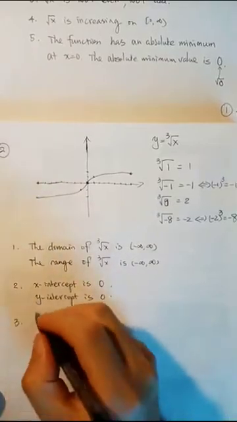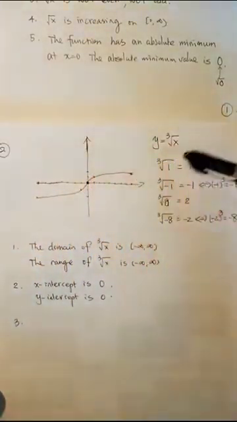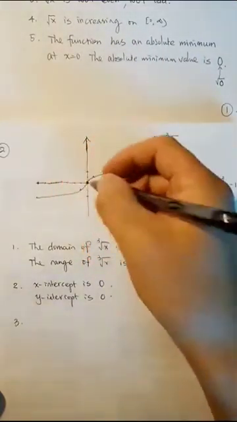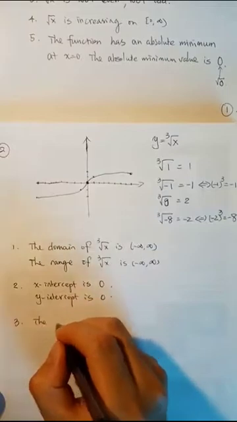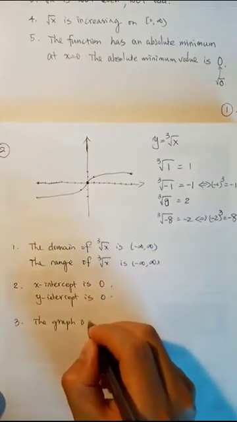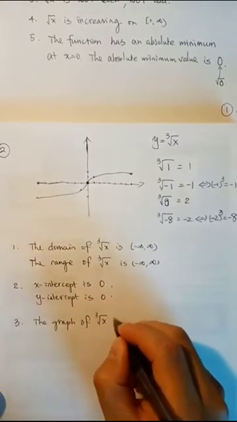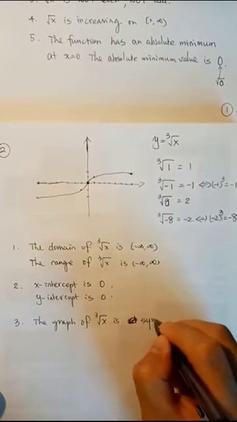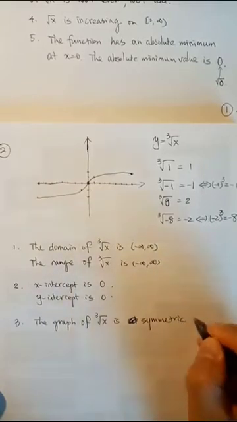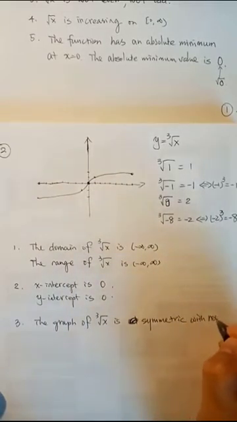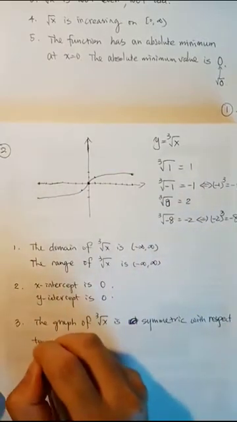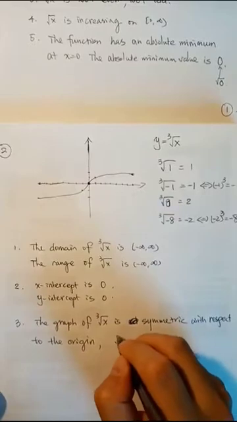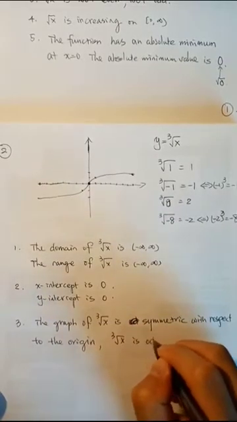3. This graph, you see here, if you rotate the right branch pi radian or 180 degrees, you get the left branch. So the graph of cube root of x is symmetric with respect to the origin, and the function is odd.